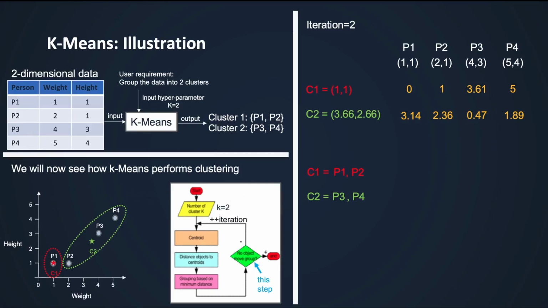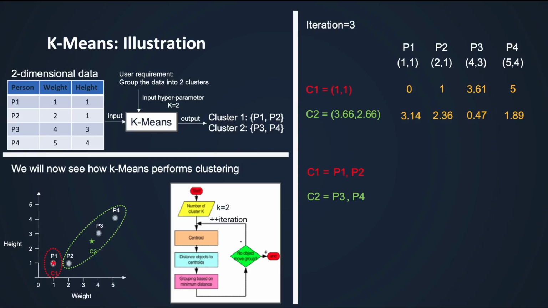In the final step, we check whether the objects in the clusters have changed compared to the previous iteration. Since the objects have changed in the clusters, we increment the iteration and perform the k-means algorithm again. Observe that iteration 2 changed to iteration 3.